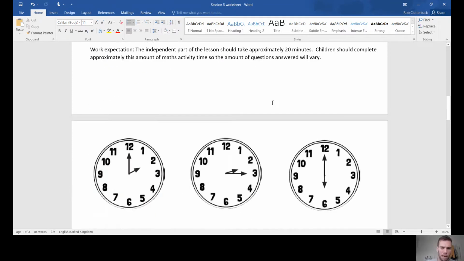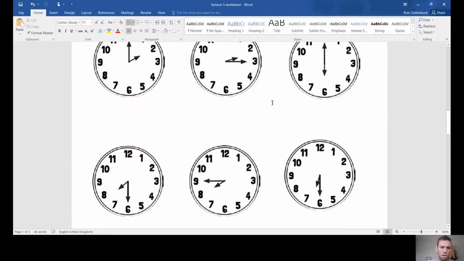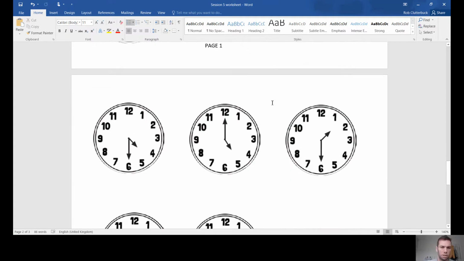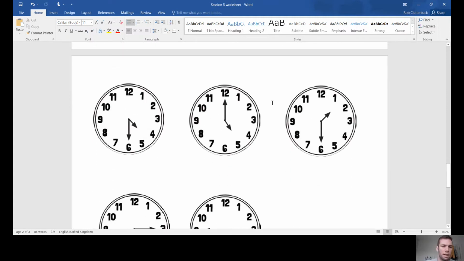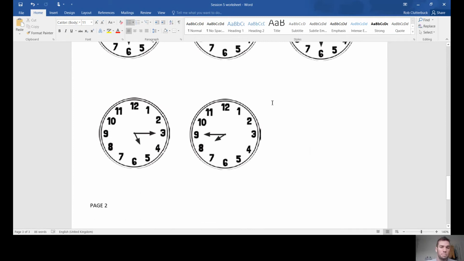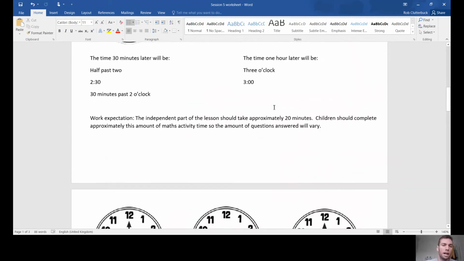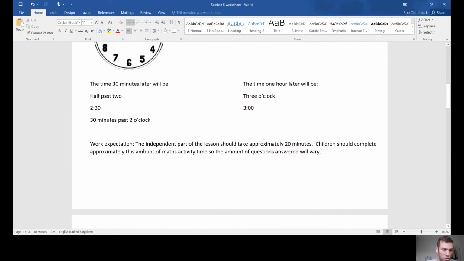Now if I scroll down the page, you can see loads and loads of clocks here. Lots and lots and lots. Oh my goodness. Now, we probably don't expect you to complete all of them. There are so many. And I've written this little sentence here just for mums and dads, which says, we expect you to do about 20 minutes work.